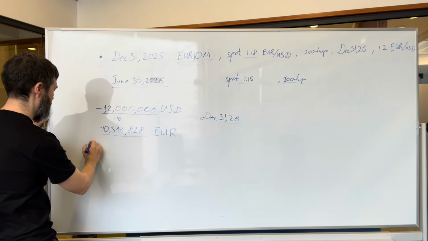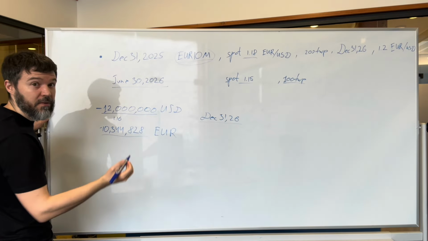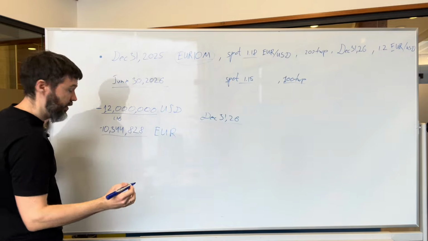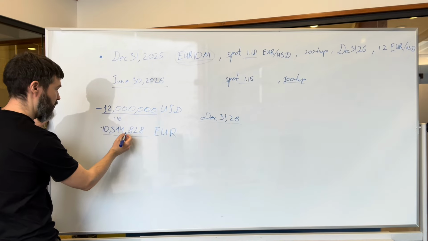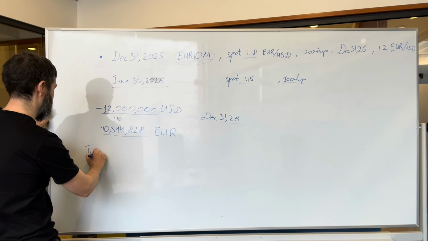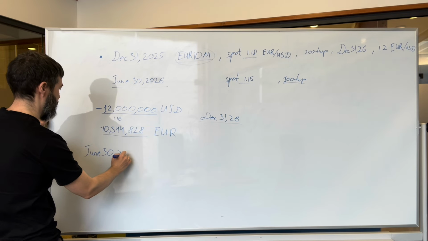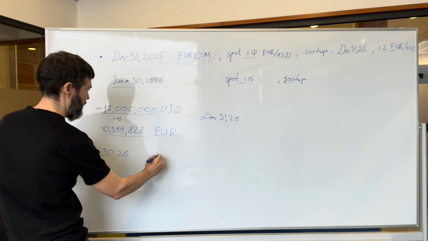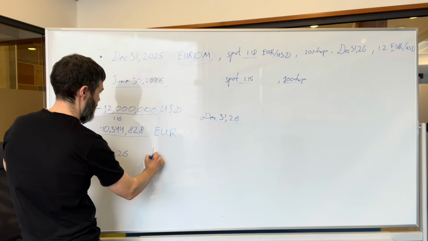So your liability, and that's where we go to the accounting entry. You simply put an entry at June 30, 26 as this hedge liability.